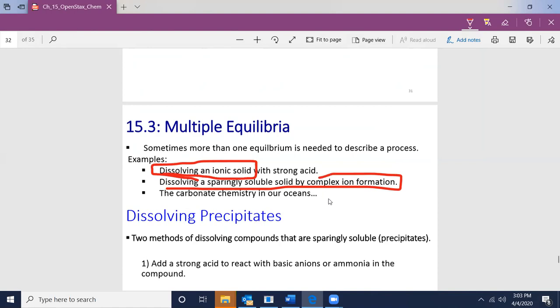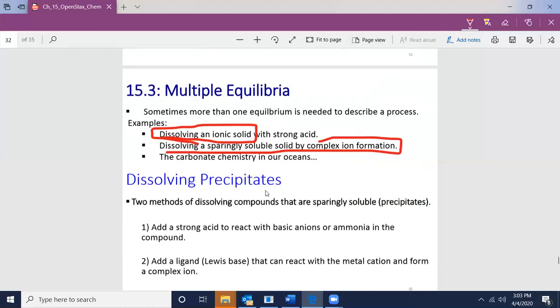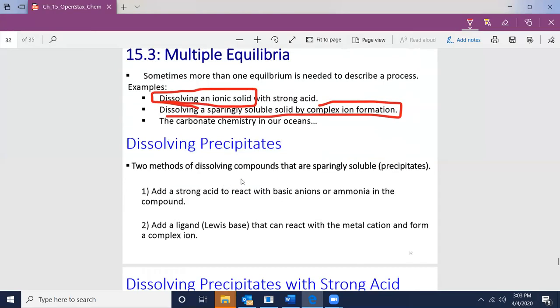If it's an ionic compound which is less soluble, we can increase its solubility. You can have it go more into its respective ions, or become soluble from the solid, with the help of complex ion formation. The carbonate chemistry in our ocean revolves around multiple equilibria, where dissolution happens based on other factors. Dissolving precipitates means two methods of dissolving compounds that are sparingly soluble.